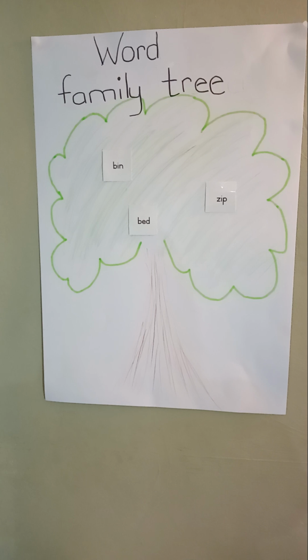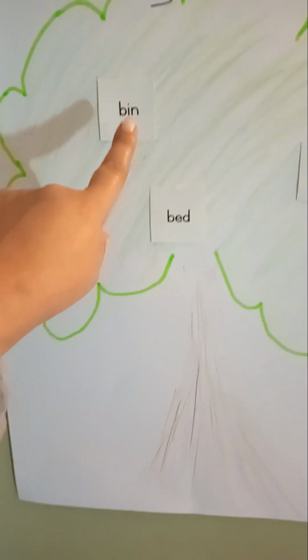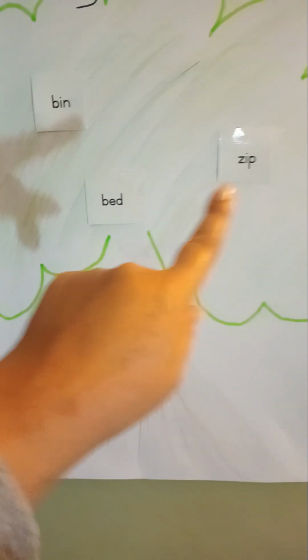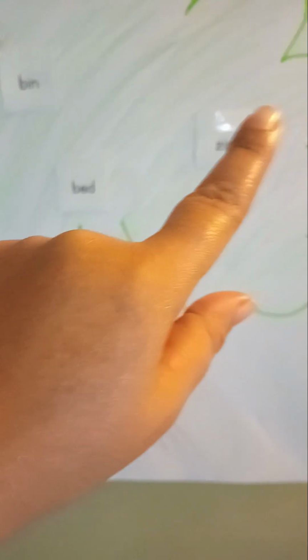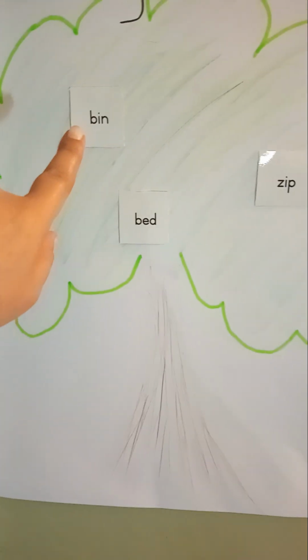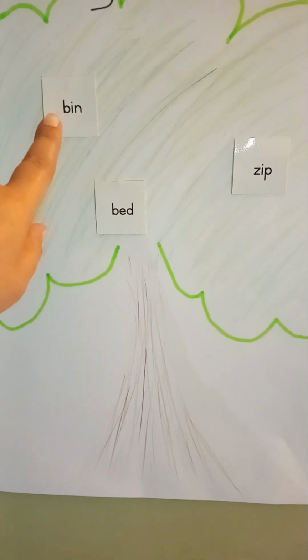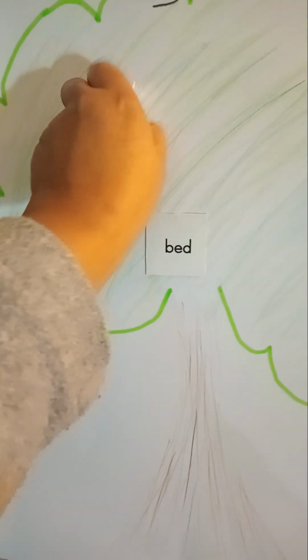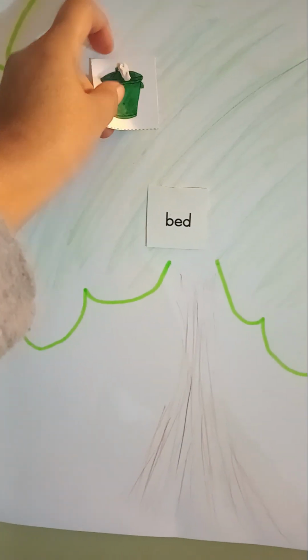This is my word family tree poster. As you can see here, I've got bun, bed, and zip. The E sound and the I sound, where they also use the I for bun. They will stick and they can turn around.